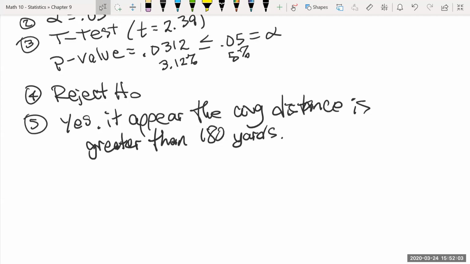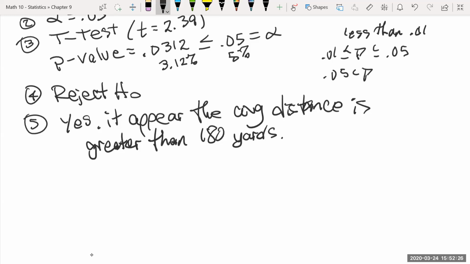They'll say, for instance, less than 0.01, so less than 1%, between 1% and 5%, between 5% and 10%, or greater than 10%.